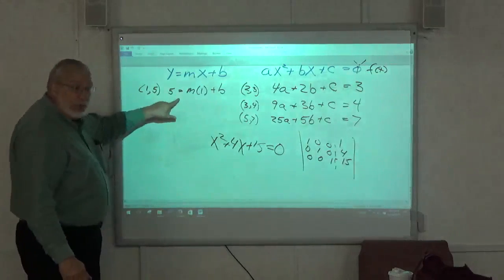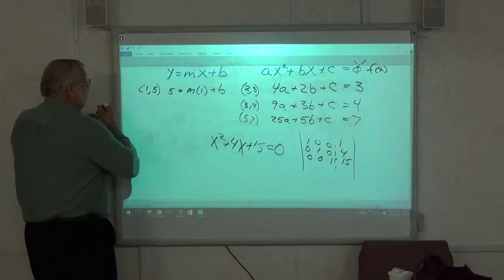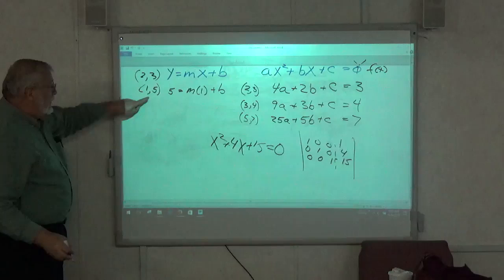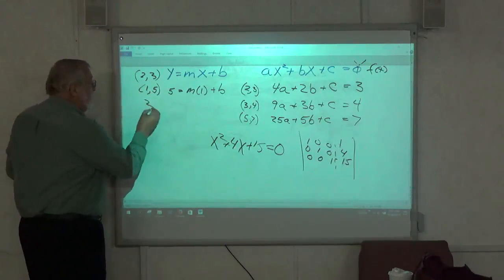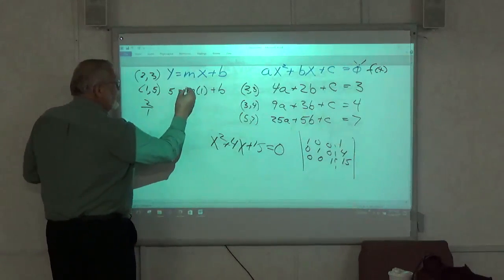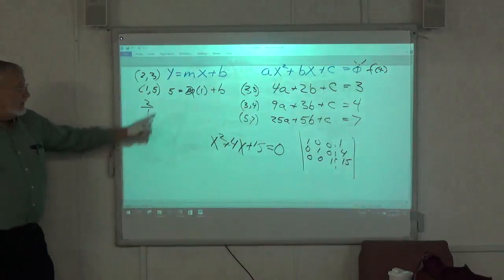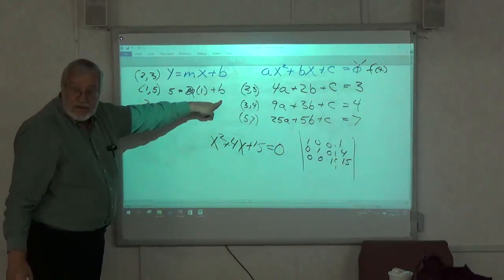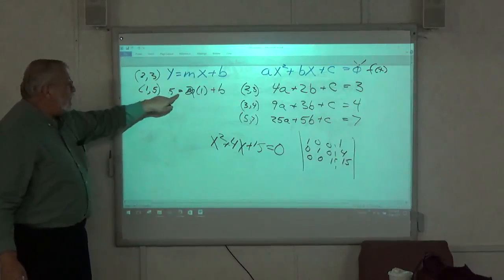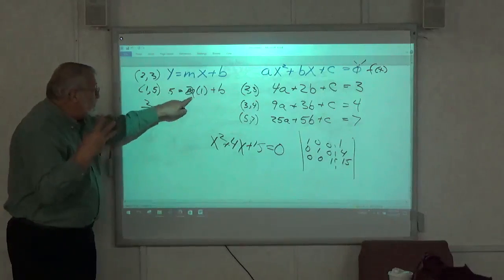Now, I'd have to give you 2 points to be able to find the slope for a line. If I gave you this one, and let's take (2, 3), what's the slope? 5 subtract 3 is 2, over 1. The slope is 2. So I have a 2 here. 5 equals 2 plus how much? 5 equals 2 plus B. 5 equals 2 plus 3.